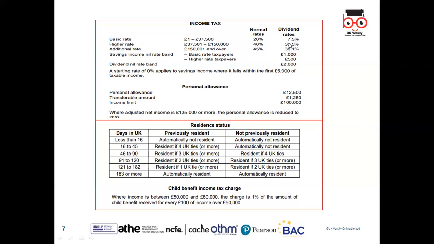So the income was higher. So first we look at 37,500 as the rate, and after that the above rate applies, which on the dividend is 32.5. Otherwise, if you fall in the basic rate, then it is 7.5% on the dividend.